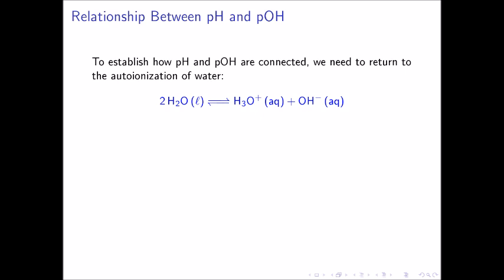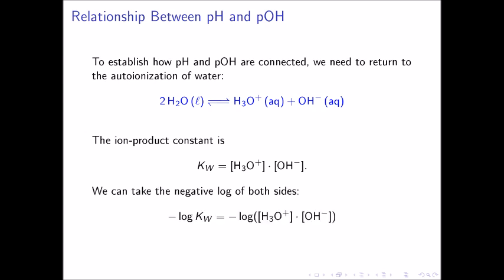We're now ready to discuss the relationship between pH and pOH. First, we need to return to the autoionization of water. Recall that this reaction is two water molecules reacting in equilibrium to form a hydronium ion and a hydroxide ion. The ion product constant for this reaction is Kw equal to the concentration of hydronium ion times the concentration of hydroxide ion.